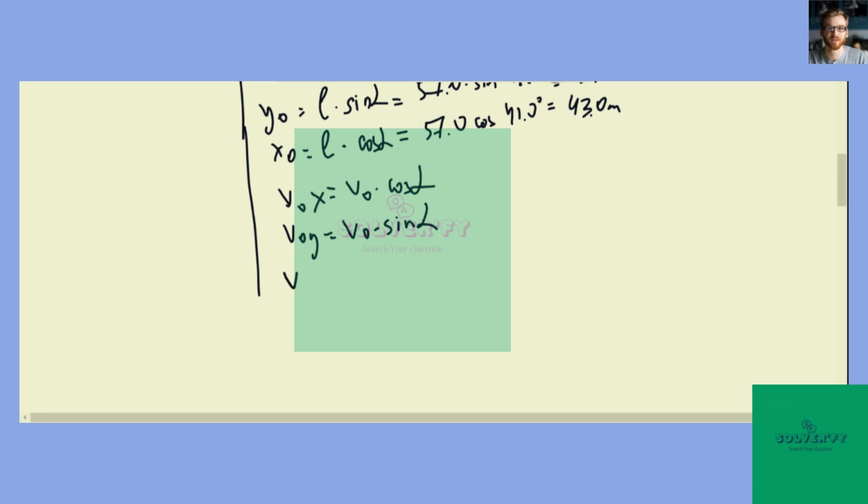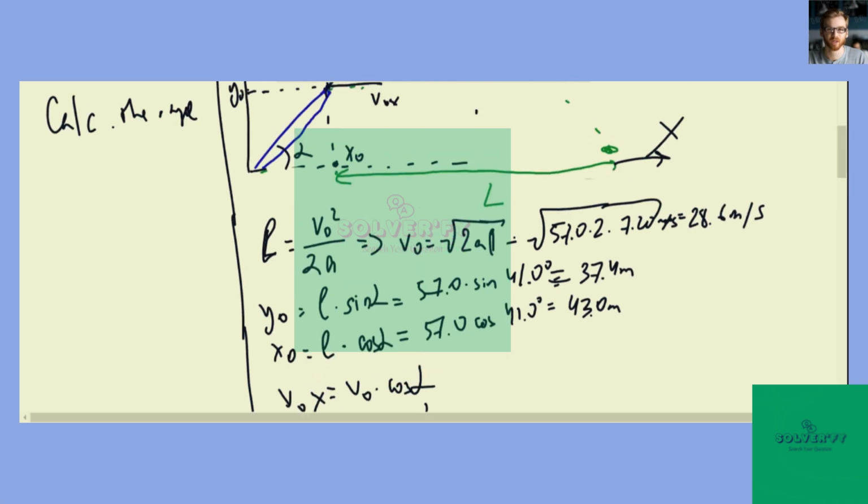And Vx as a function of time is constant, because there is no horizontal force, there is only vertical force, which is gravity.